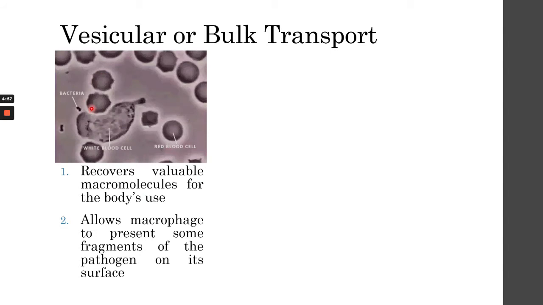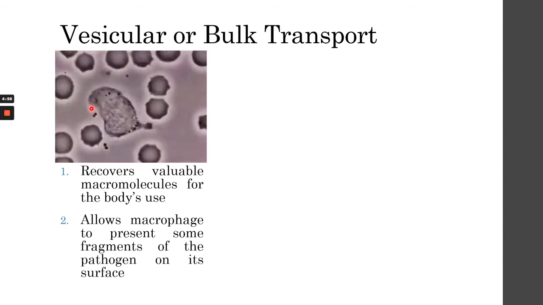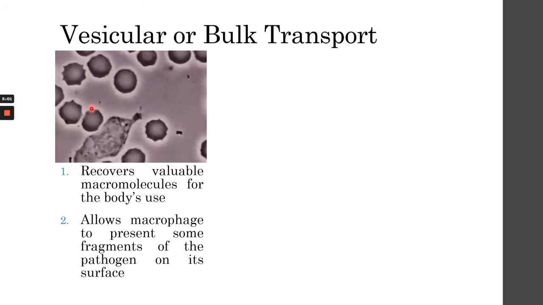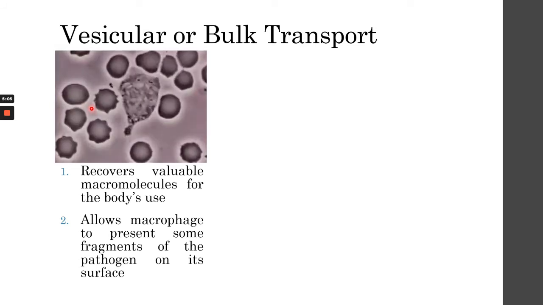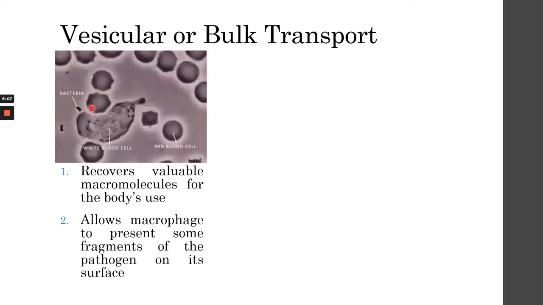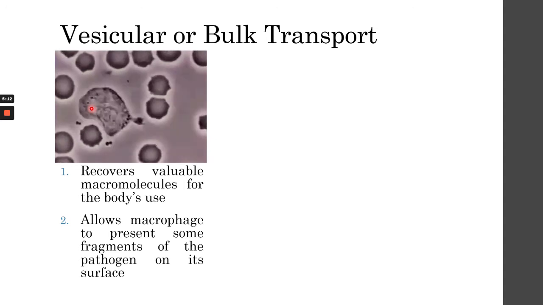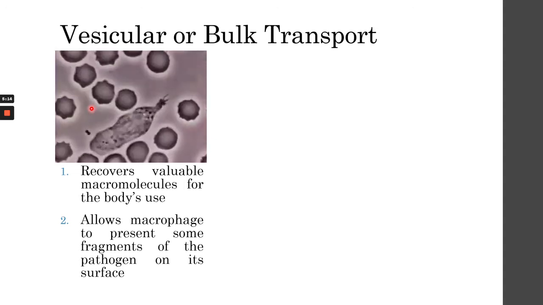The materials that they introduce to our body, the injection or the vaccine they give us, are just parts of that pathogenic material. So, for example with COVID, they take some parts of the COVID virus that are already not dangerous to the body and introduce them to our body.